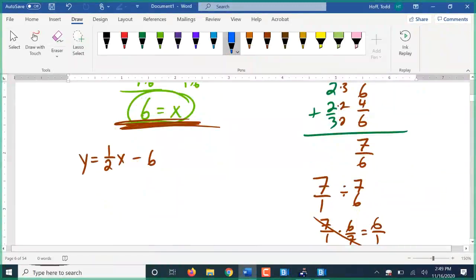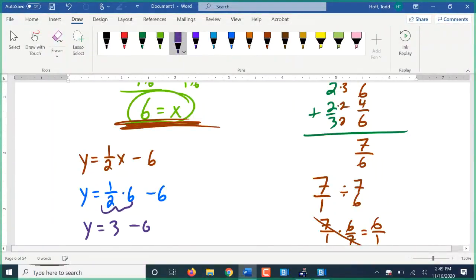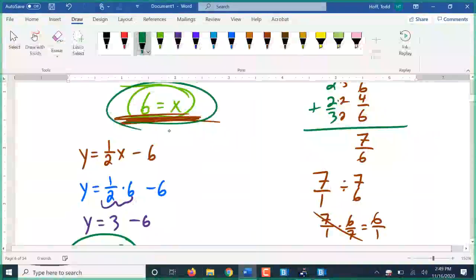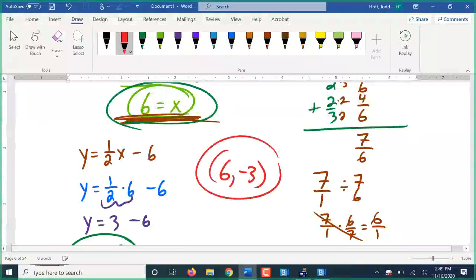So if I put that x equals 6 in there for x, y equals 1/2 times 6. 1/2 times 6 is 3, so y equals 3 minus 6. 3 minus 6 is -3, so y equals -3. So x equals 6, y equals -3 gives us that coordinate of 6, -3 is our solution, which is exactly what we found up above.